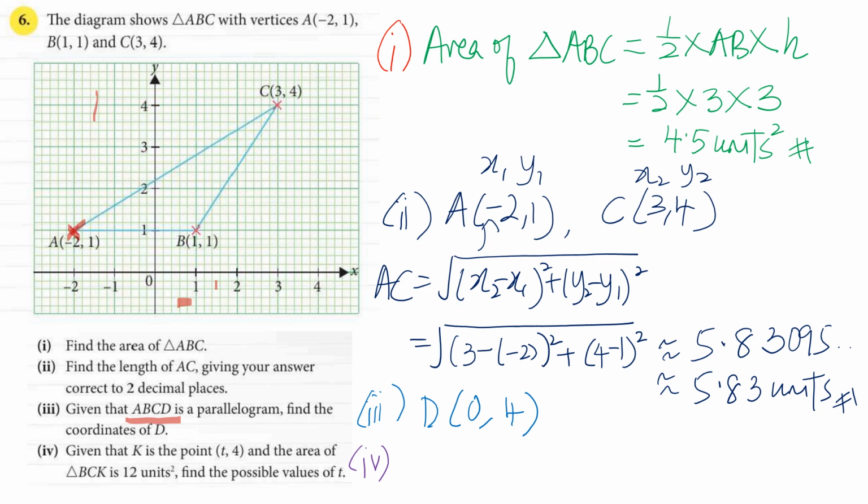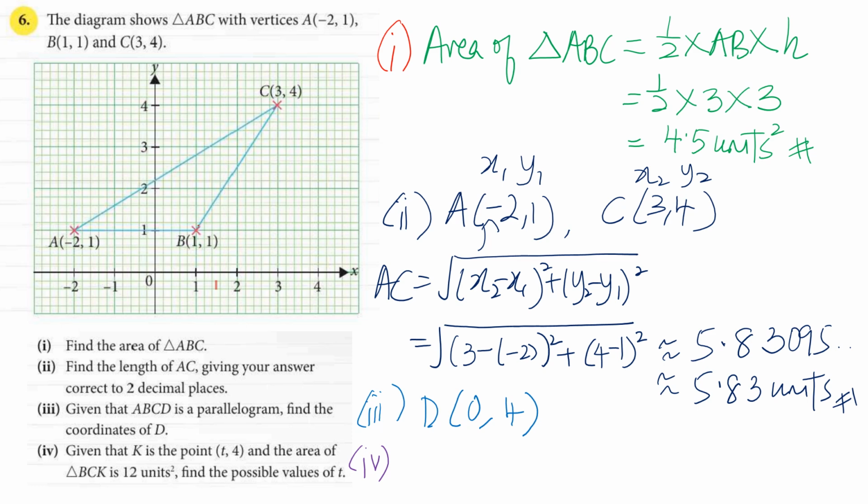Otherwise, again, it's very confusing. Okay, so what we are saying is that your point K must lie on the line y equals to 4. Why is that so? Because your y coordinate of your point K is 4. Right, so your point K will lie on the line y equals to 4.